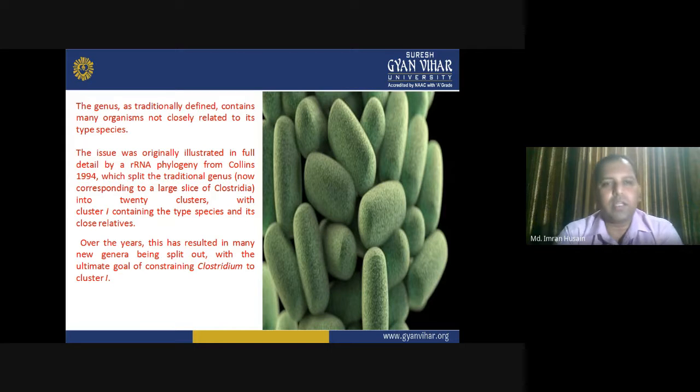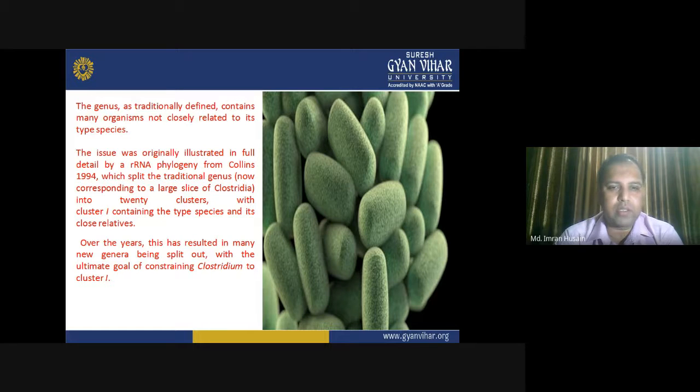The genus, as traditionally defined, contains many organisms not closely related to its type species. The issue was originally illustrated in detail by rRNA phylogeny from Collins in 1994, which split the traditional genus, now corresponding to a large slice of Clostridia, into 20 clusters, with one cluster containing the type species and close relatives.